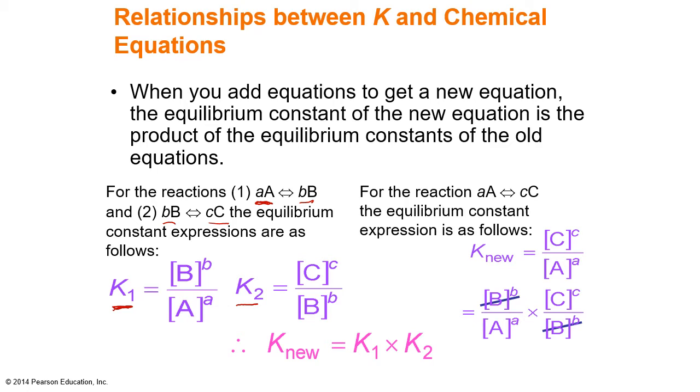When we make our new equilibrium constant expression, making A going to C, we're going to multiply these together. The B's are going to cancel out, and we're going to end up with product C over reactant A. And so by multiplying our original equilibrium constant expressions, we end up with our new equilibrium constant expression. So K1 times K2.